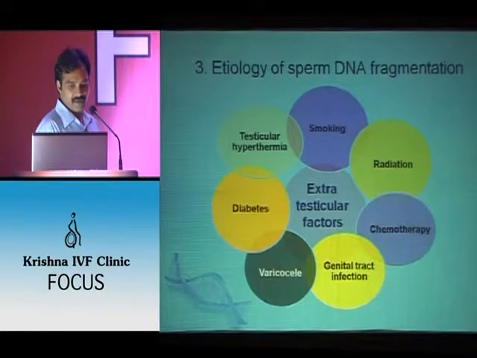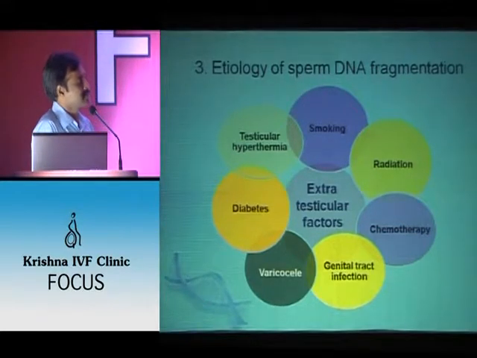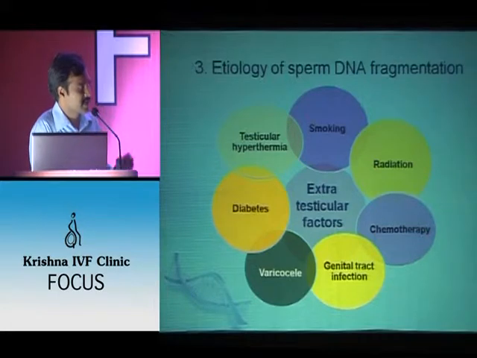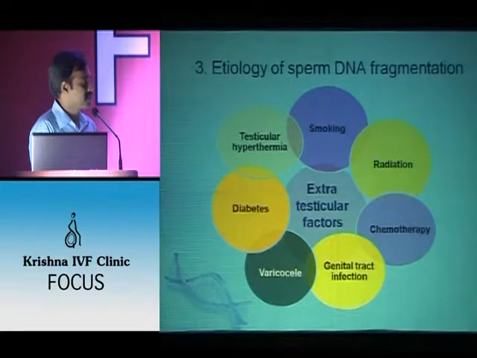And in extratesticular factors, smoking, radiation, chemotherapy, and genital tract infections, varicocele, diabetes, and testicular hyperthermia, all these factors have profound effect on sperm DNA fragmentation. And one causative mechanism is oxidative stress.